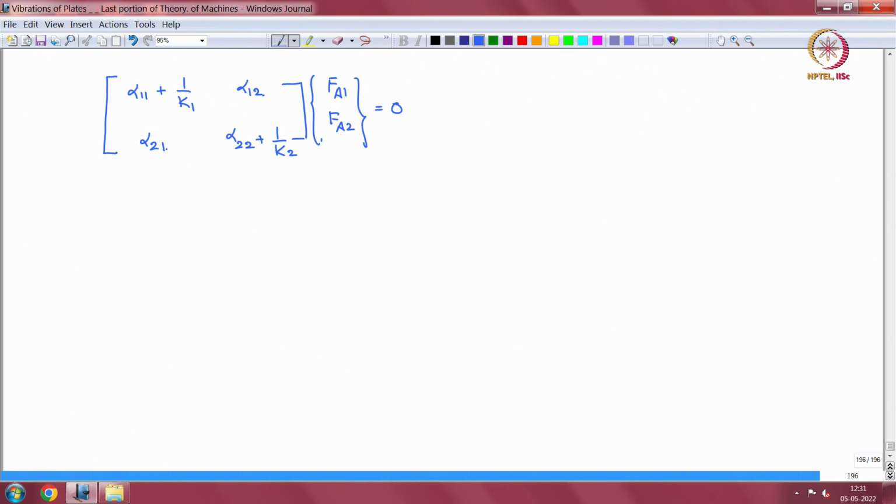Okay. So now the determinant of this matrix, which is quite involved, when you set it to 0, will give you the new natural frequencies.